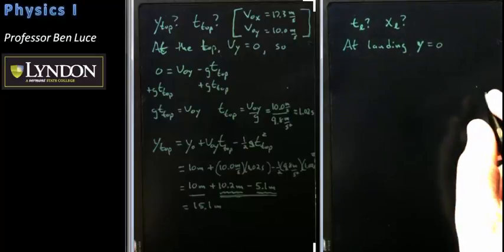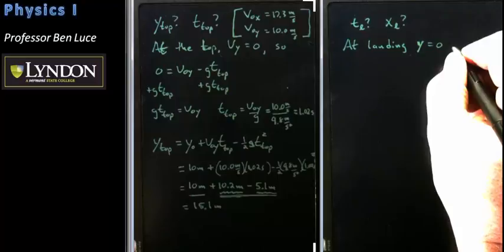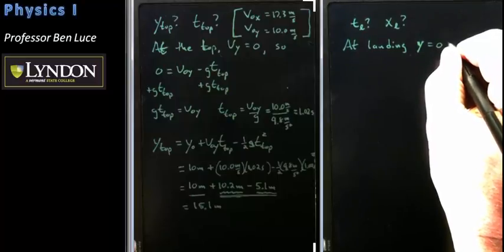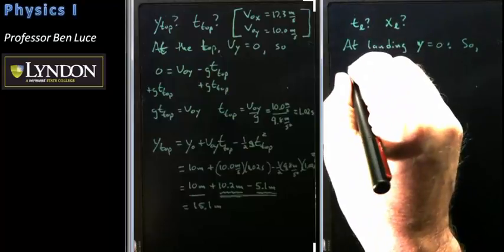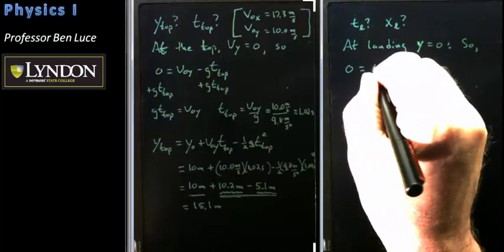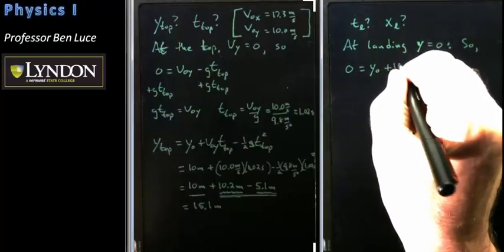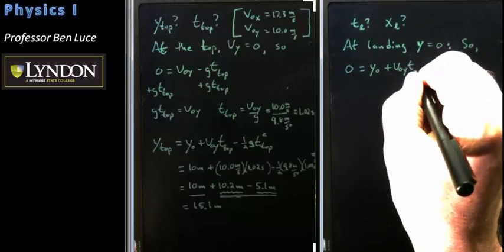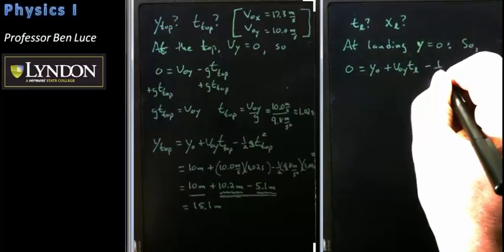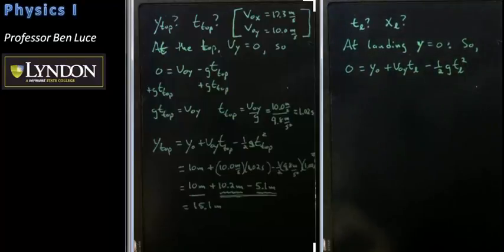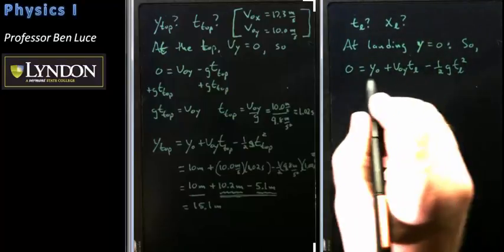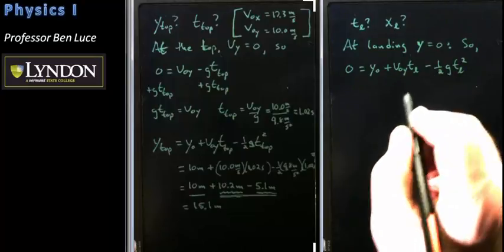And this is what we've used consistently to find the landing time before. So we have, using the y equation, 0 equals y naught plus v naught y t land minus 1/2 g t land squared. And we can put numbers in here and then try to solve for t.